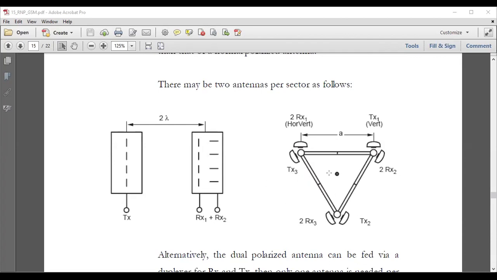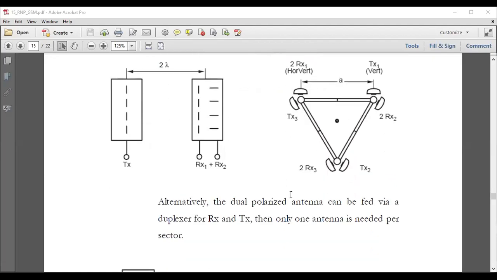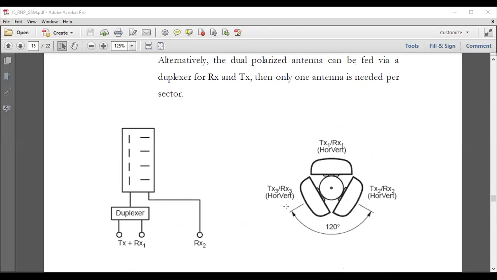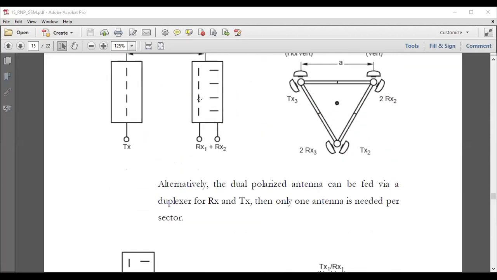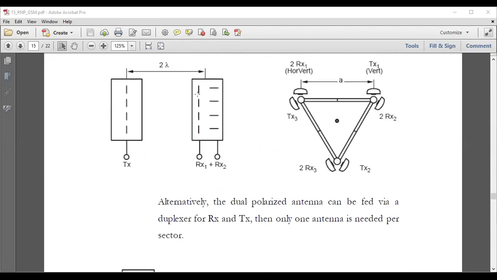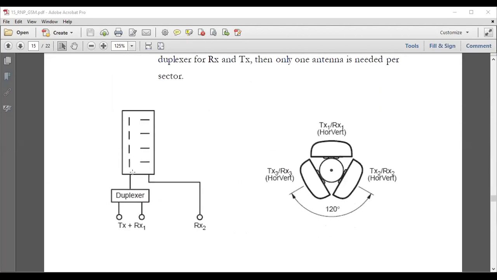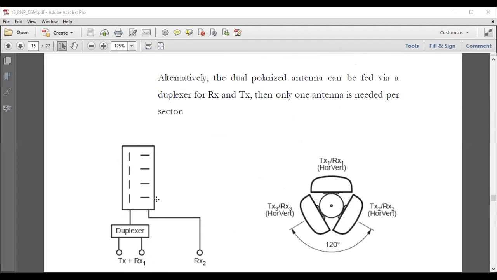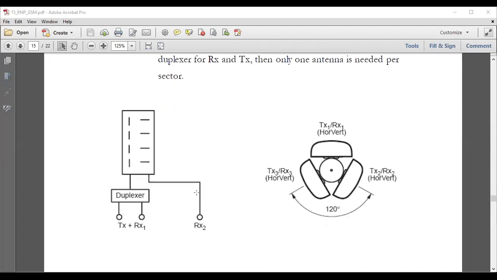Okay. So, but now I'll show what you have most common. Well, another combination is that you use the same antennas for vertical purpose. Okay. The vertical antenna is used for both transmission and reception, and then the horizontal ones are used for reception only.